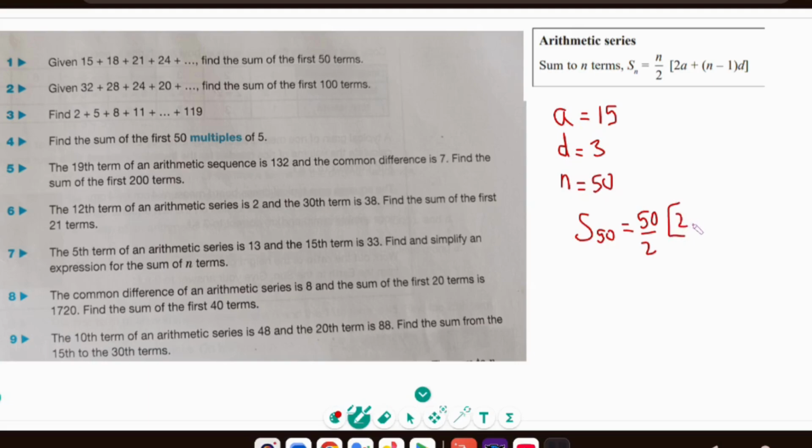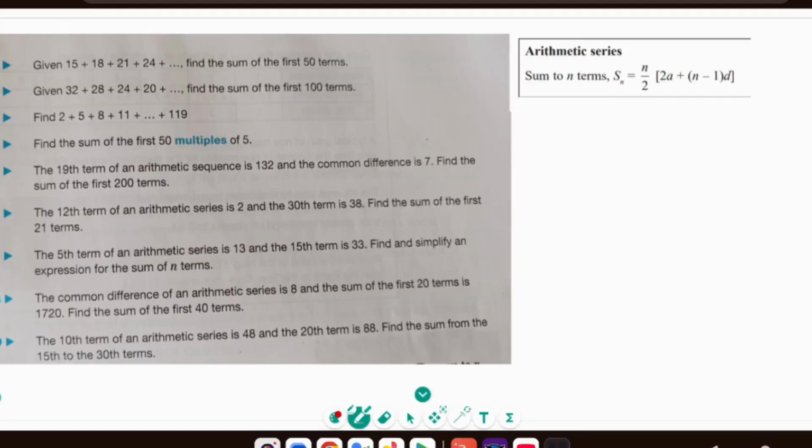Plug the information into the formula. N is 50, so n minus 1 is 49. Two times 15, add 49 times 3 is 177. The answer is 4,425.